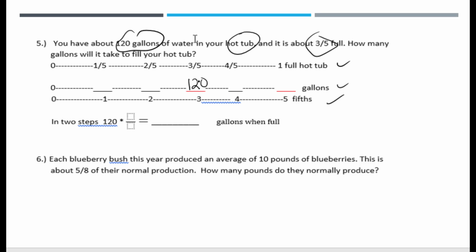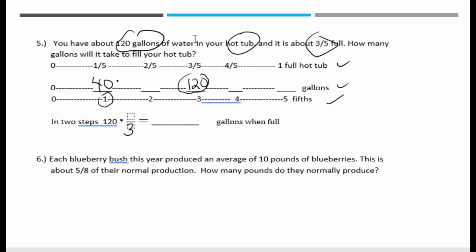So I can't go directly from 3/5 to 5/5, but what I can do is say, okay, if that's 3/5, if I divide by 3, 3/5 divided by 3 is 1/5. And 120 divided by 3 is 40.